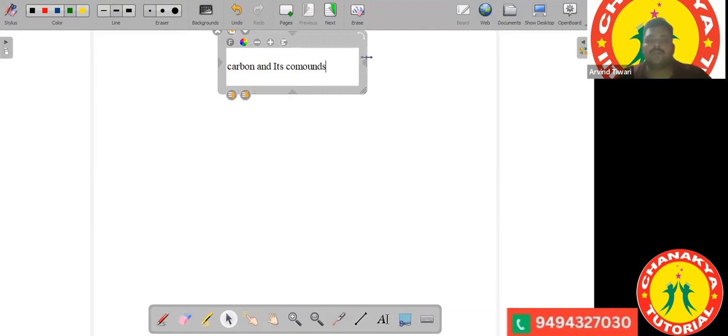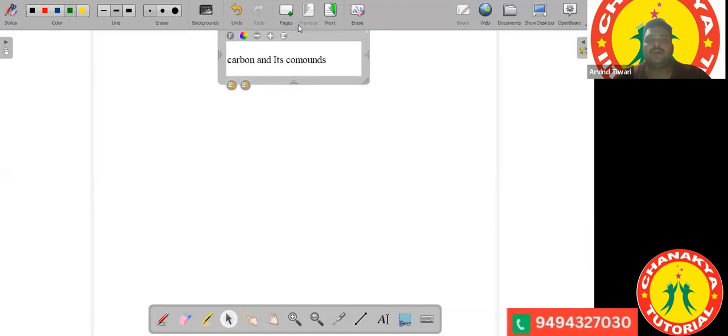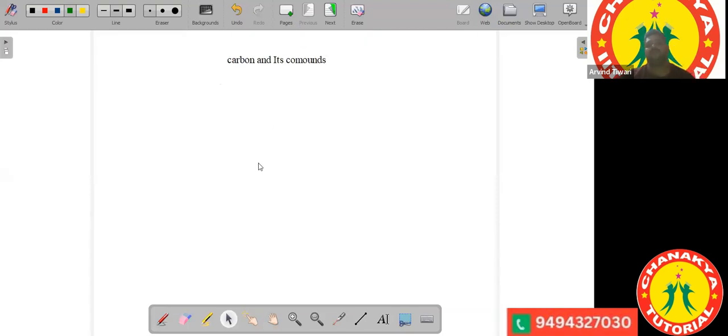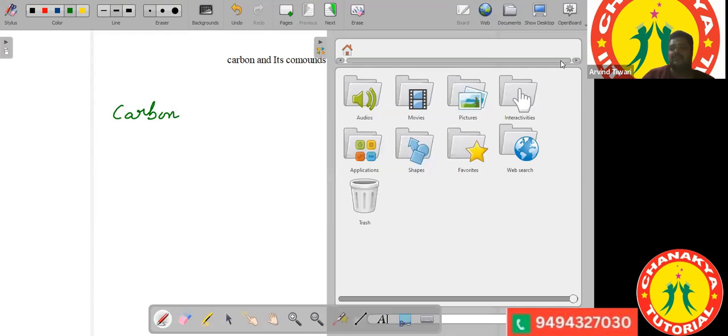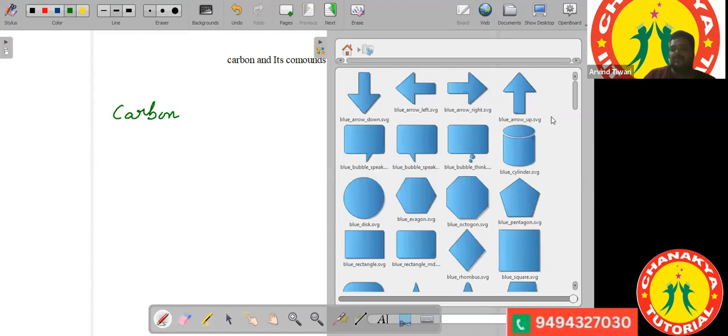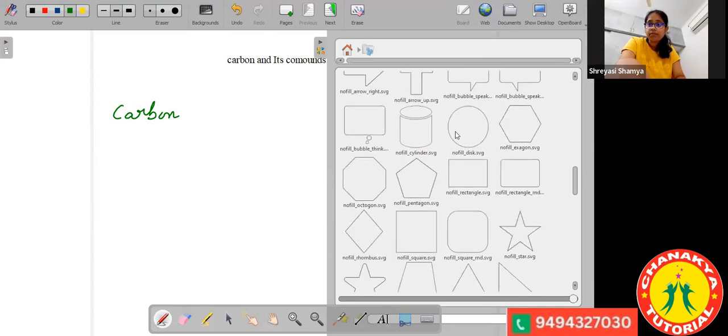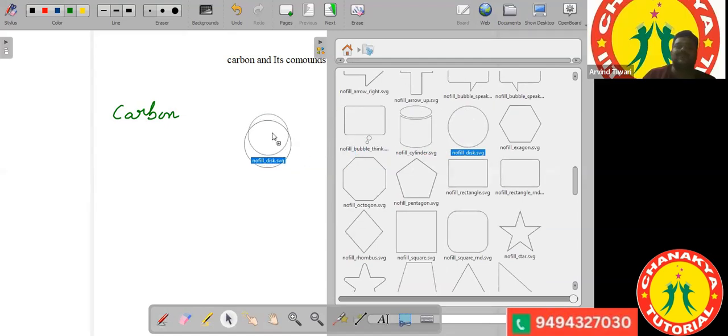First we will see carbon, its role, how it exists in nature, and then we will discuss the compounds of carbon. Carbon is an atom with a nucleus of 6 protons and 6 neutrons. It has 2 shells.